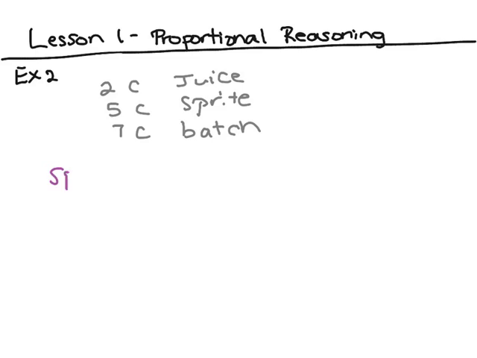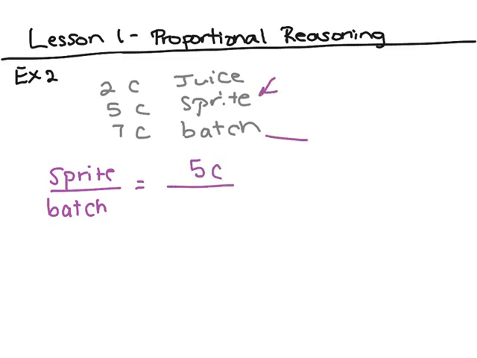So we have Sprite, and we're comparing it to how many cups we have in one batch. And we know that we have 5 cups of Sprite, and that there are 7 cups in the entire batch. And we know also that we have 28 cups of punch altogether.